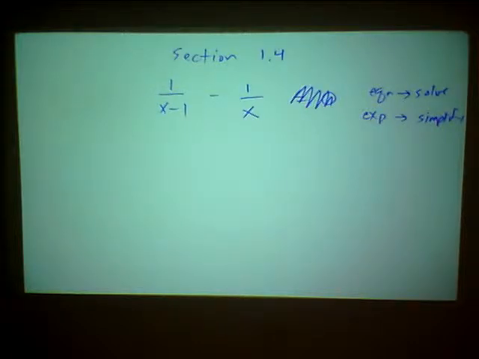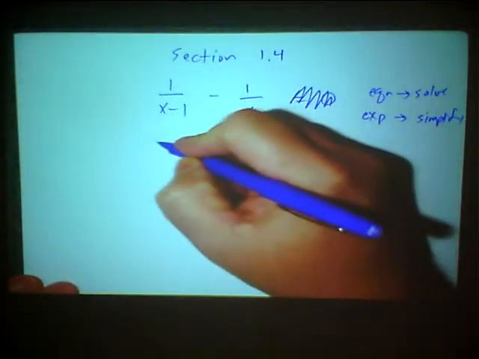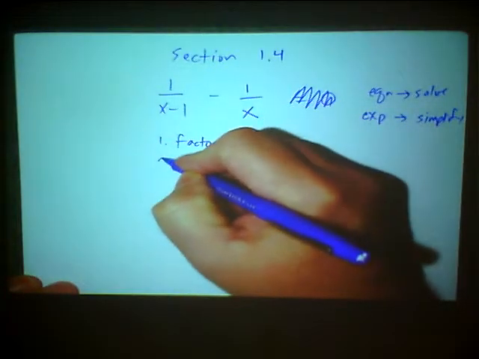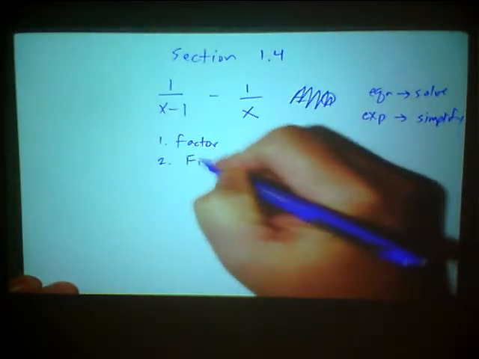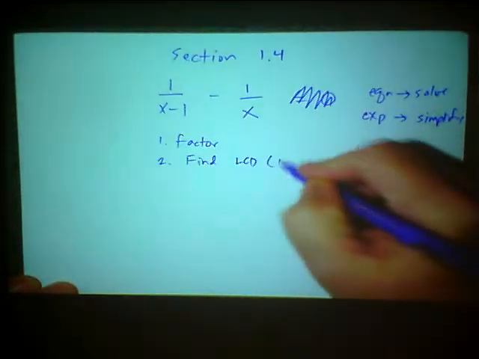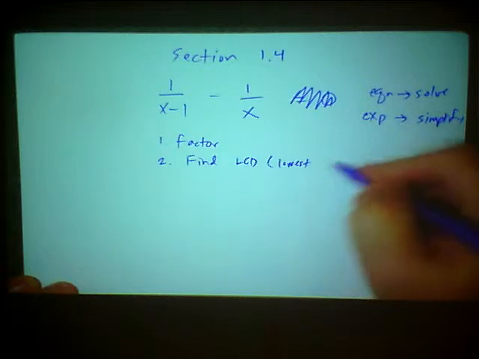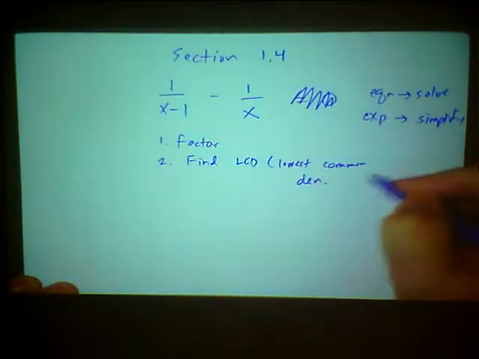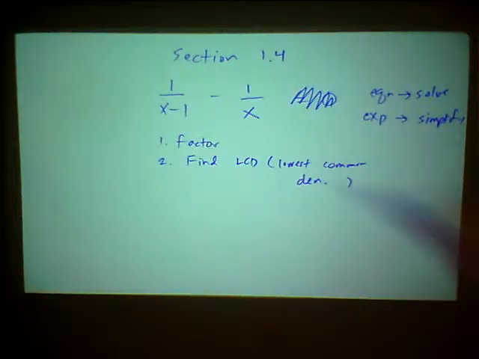Now, I won't go through all the steps, but we're going to see that to simplify these expressions, the first step is always to factor, and the second step is to find the LCD, which is short for lowest common denominator. I've already put together some videos on factoring.